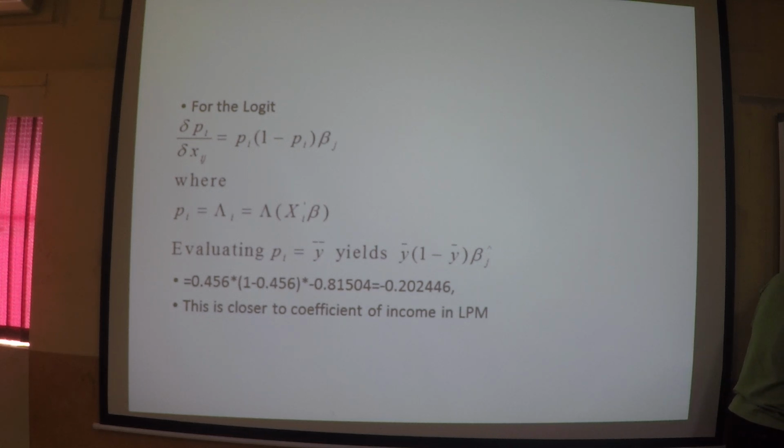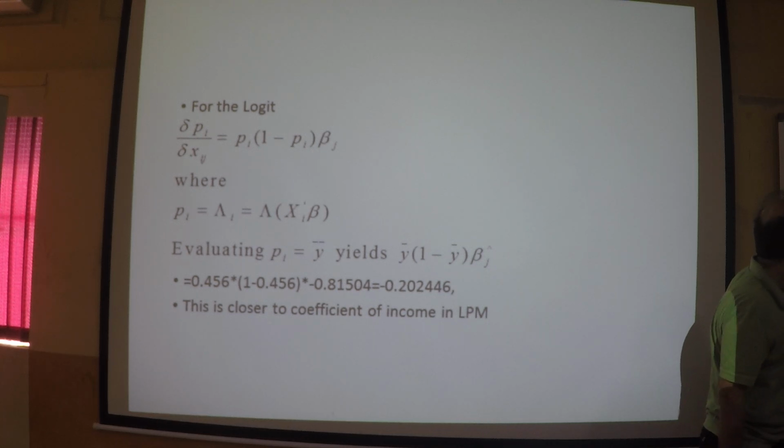So what will be the derivative of this? So dabba pi by dabba xi is equal to what? Beta times 1 minus pi into e raised to xi beta, right? Now what is e raised to xi beta?